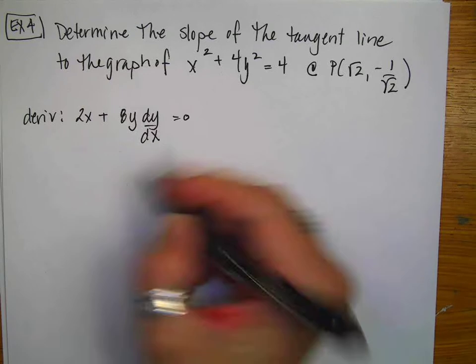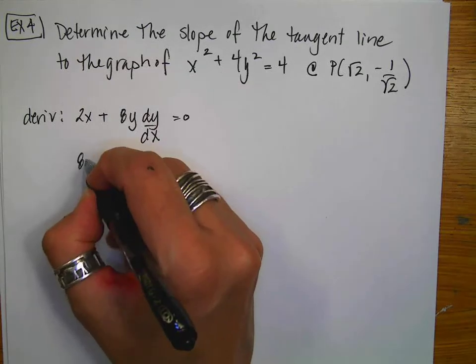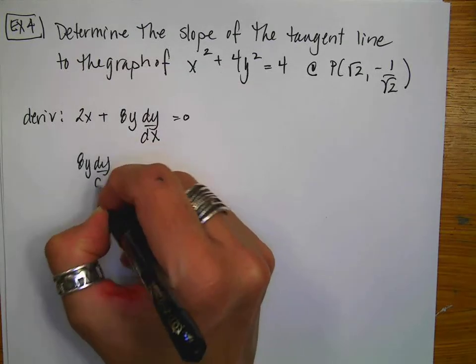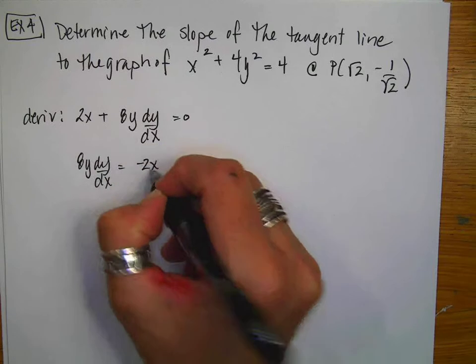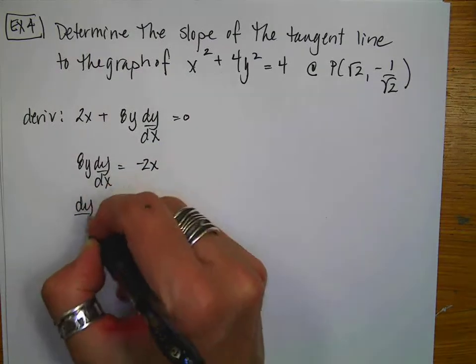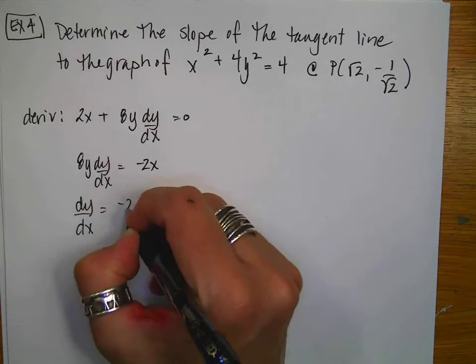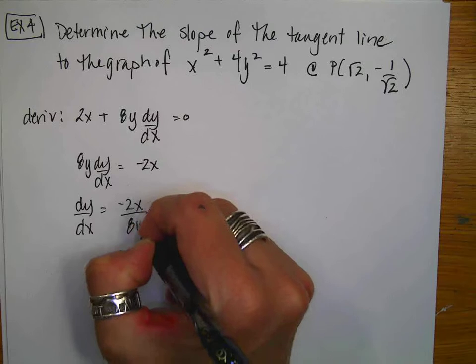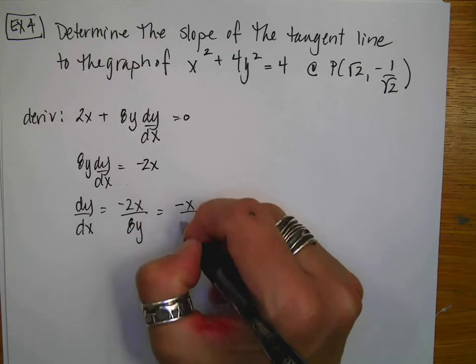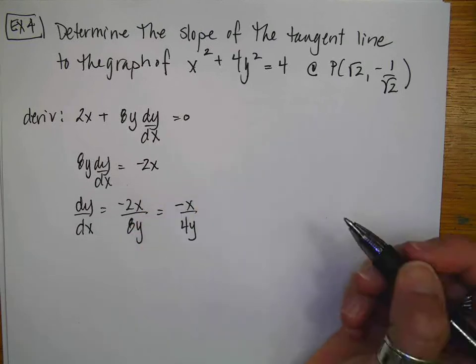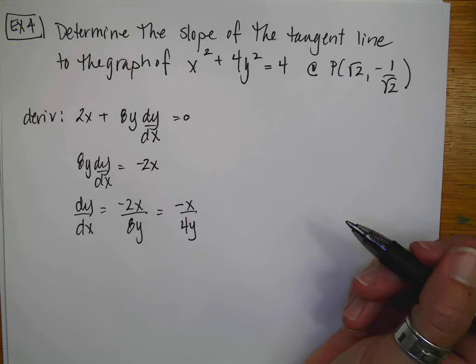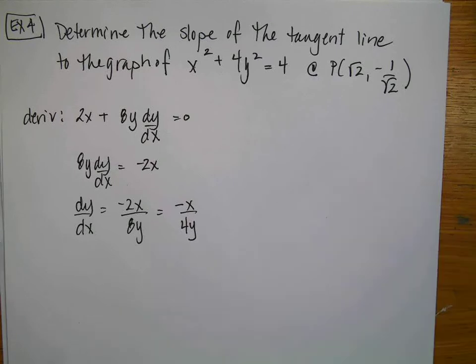Remember when I take the derivative of a y, I get a dy/dx. So then my 8y dy/dx is negative 2x. Then dy/dx is negative 2x over 8y, which is negative x over 4y. Okay? All right, so that's going to be my generic rule to help me find my slope.